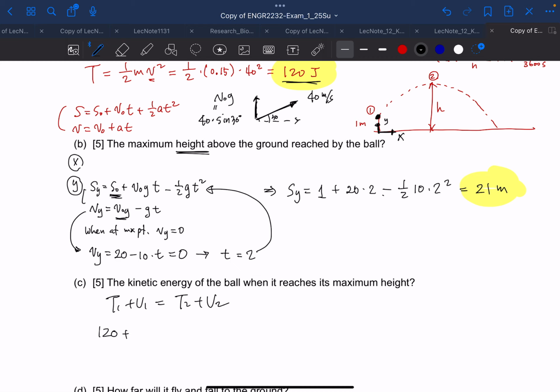And V1, we're going to do MGH. So 120 plus MGH1 is T2 plus MGH2.